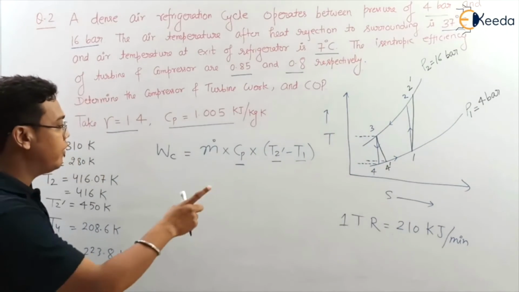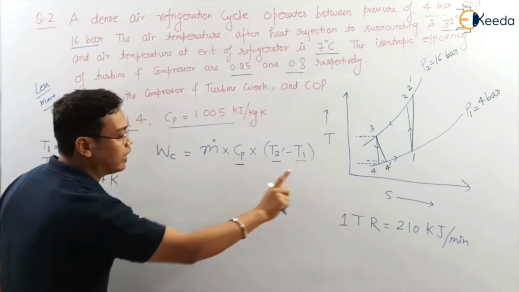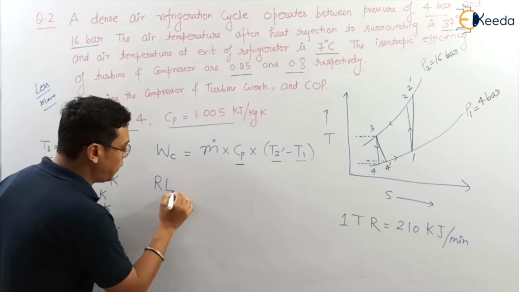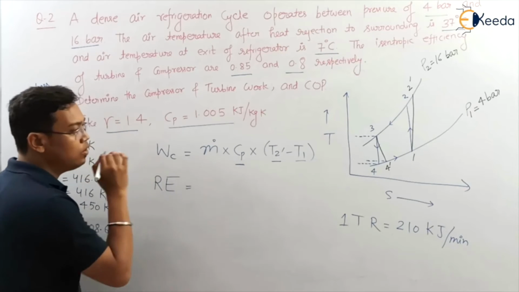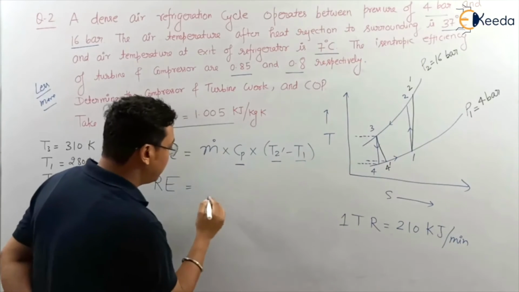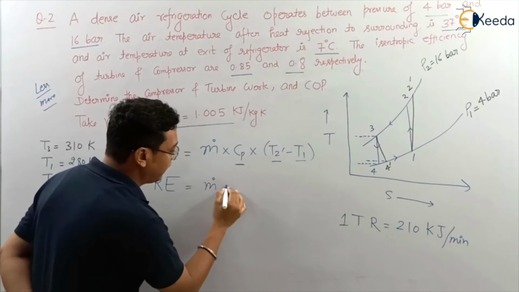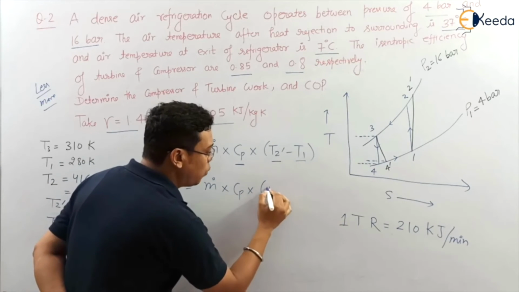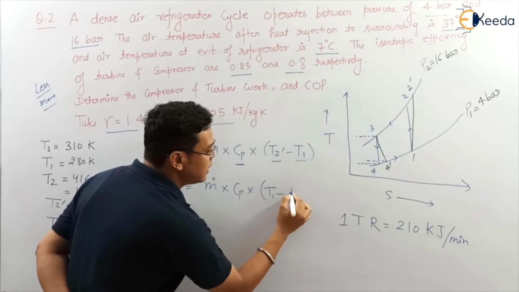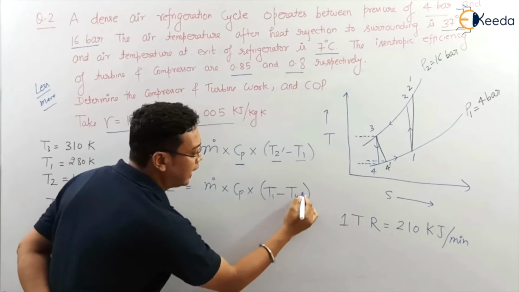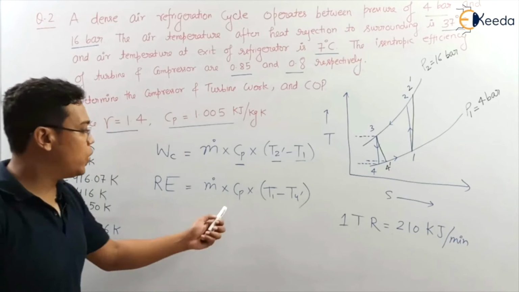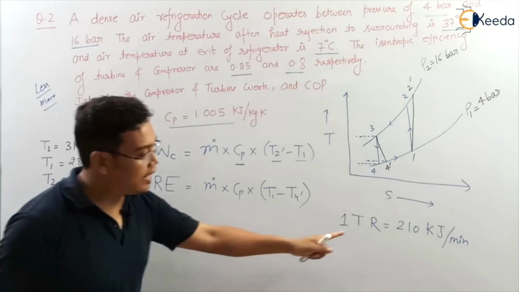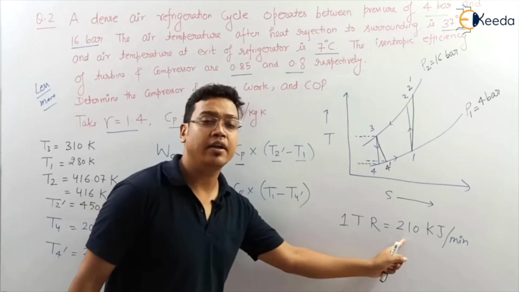So we will calculate this like this. Refrigeration effect in this case. What is refrigeration effect? Mass flow rate into Cp into T1 minus T4 dash. So Cp you know, T1 you know, T4 dash you know. But RE is this one, 1 TR.